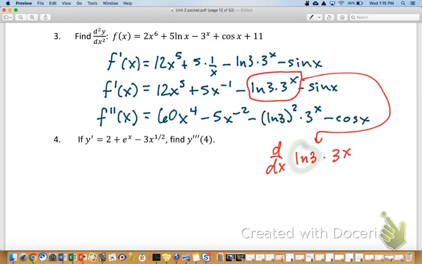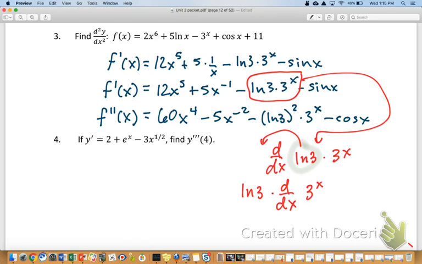Not just a constant term, but a constant multiple. In other words, it's a coefficient, right? You can bring this out of the derivative because it's a constant multiple and say it's really ln of 3 times d dx of 3 to the x. And then you do your derivative of the part that has the variable in it.